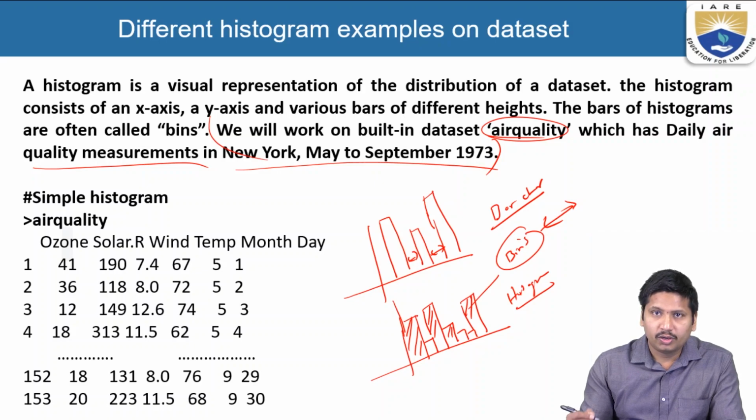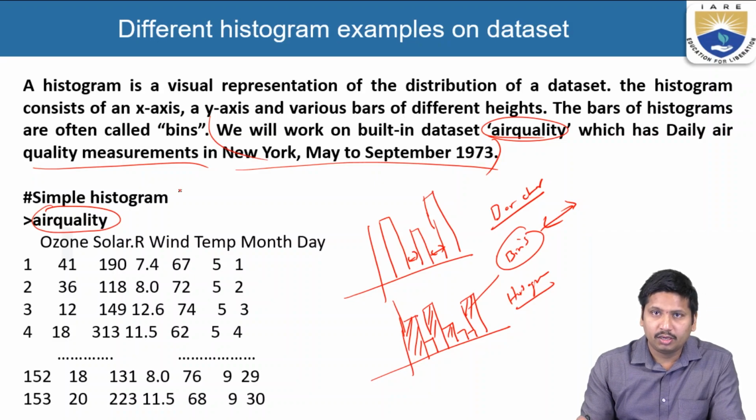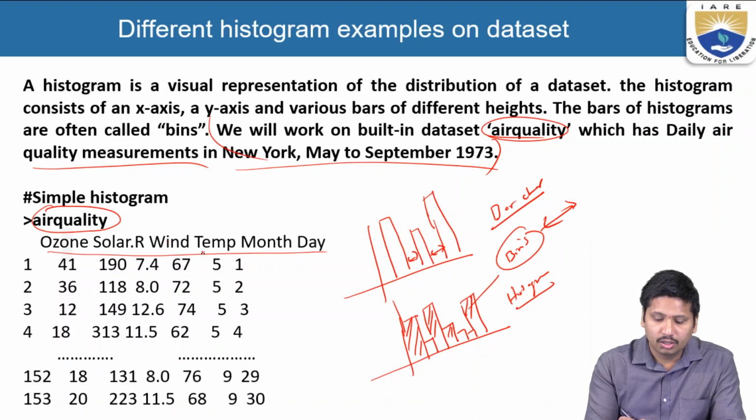So for this, how I write it in our programming is that I'm just typing airquality. For this I'm going to write ozone, solar.r, wind, temperature, month and day.